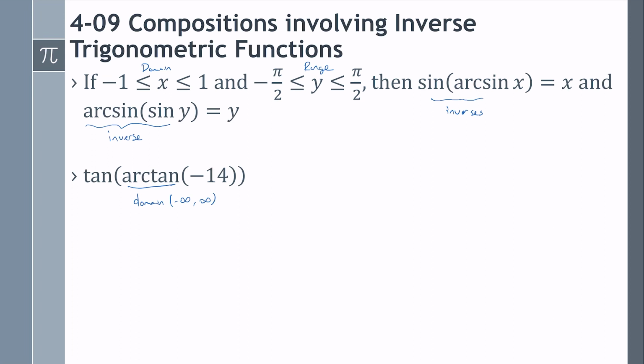Therefore, that is in the domain. Then we'll check the range of the outer. The range of the outer is -infinity to infinity. That's the tangent. So is the -14 in both? Yes. Therefore, it just cancels out. You get -14.